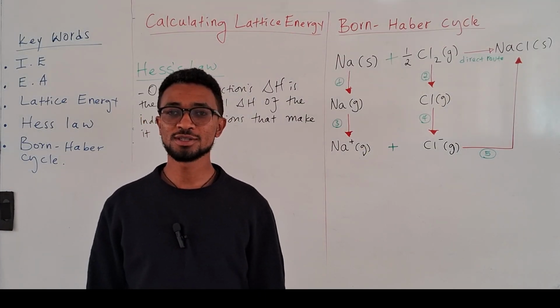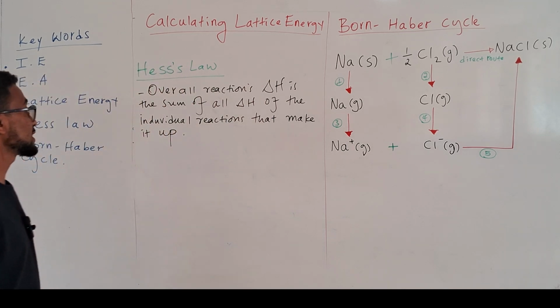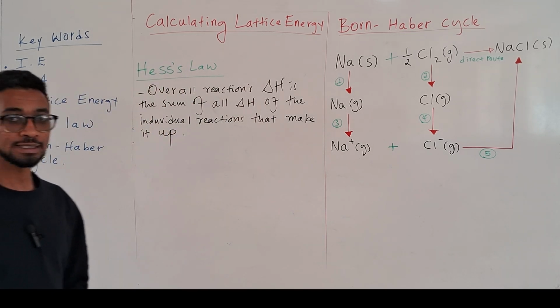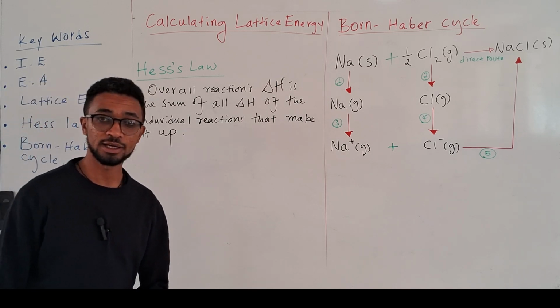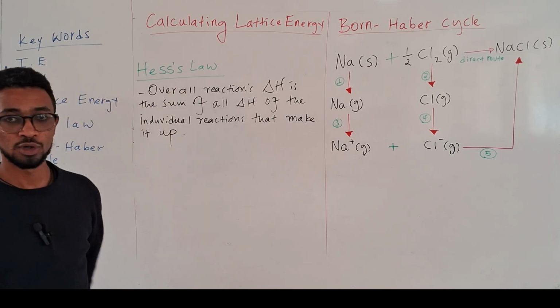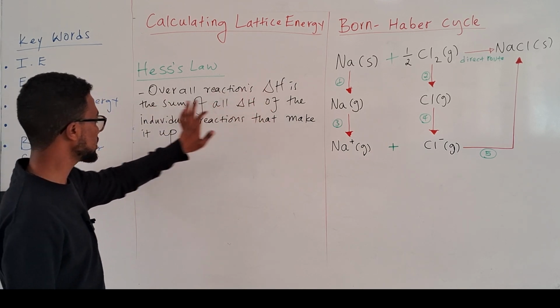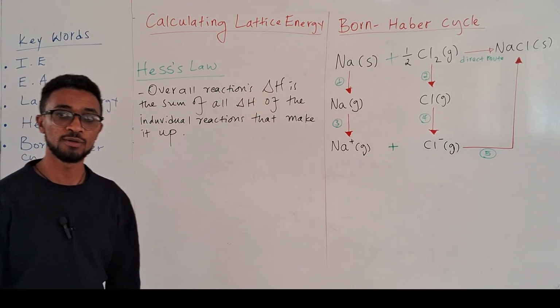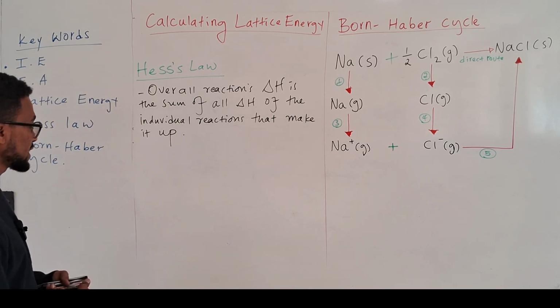Now let's talk about calculating U, the lattice energy. Lattice energy cannot be calculated directly using experiments, but we can determine it indirectly using Hess's law. What does Hess's law say? The overall reaction's enthalpy change is the sum of all enthalpy changes of the individual reactions that make up the reaction. What does this mean?